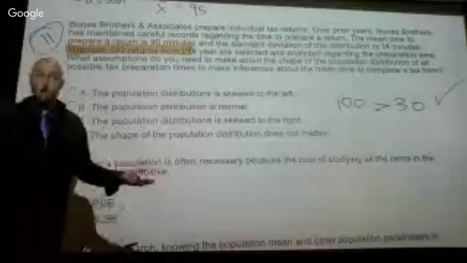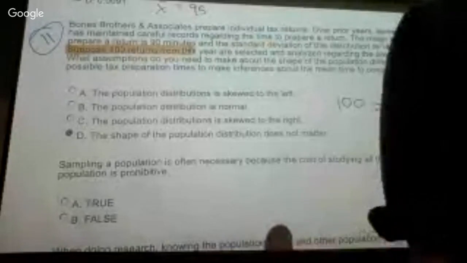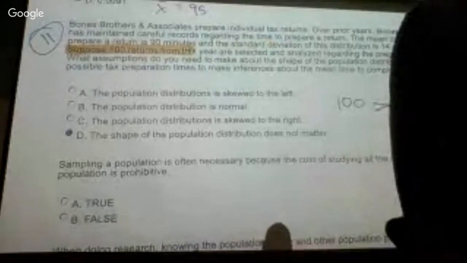True or false? True. We often take samples because we can't observe the entire population. Remember, you're smarter than you think you are, each and every one of you. You know the answers to these questions.